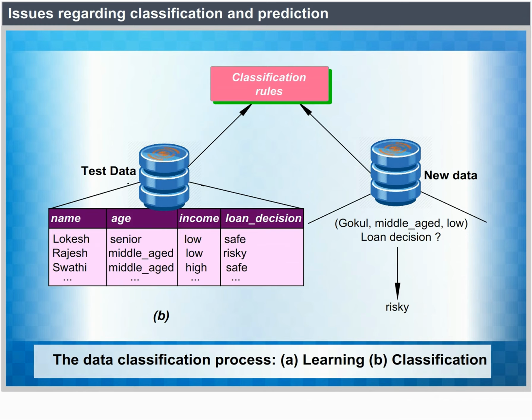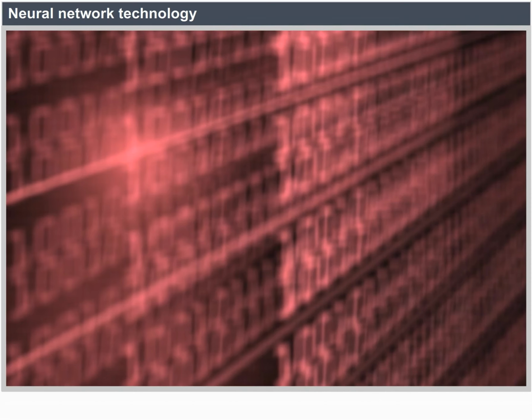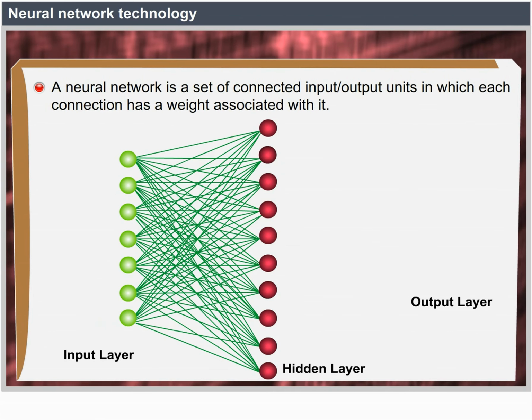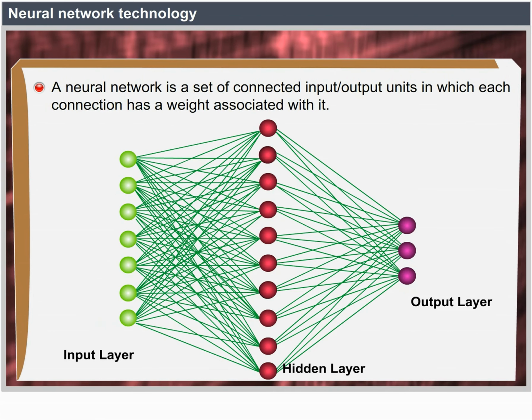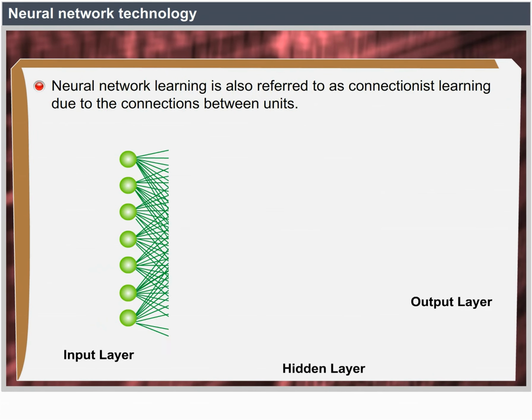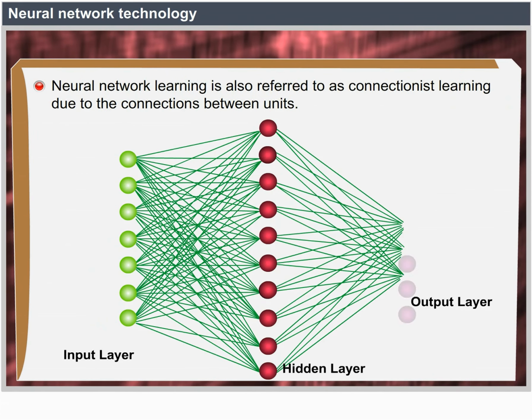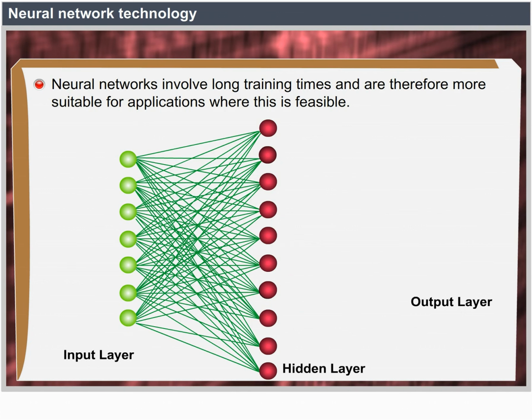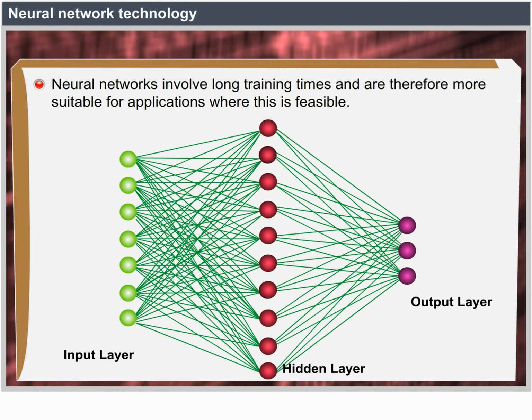Neural network technology. A neural network is a set of connected input-output units in which each connection has a weight associated with it. Neural network learning is also referred to as connectionist learning due to the connections between units. Neural networks involve long training times and are therefore more suitable for applications where this is feasible.